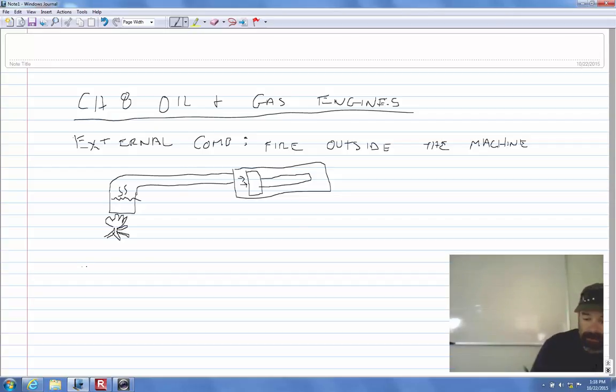So now if I want to do the same, if I want to spin something, if I use an internal combustion, basically the only difference is the fire is inside.